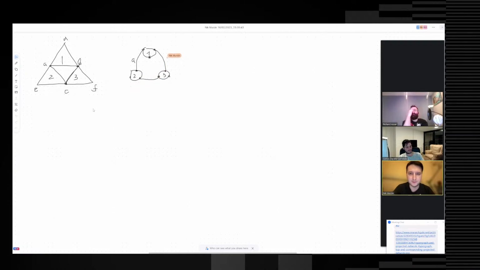And you have some free floating pins that you don't have to connect. Yeah, this is the tensor network. But for visualization, just do 3 triangles with 1 common vertex.